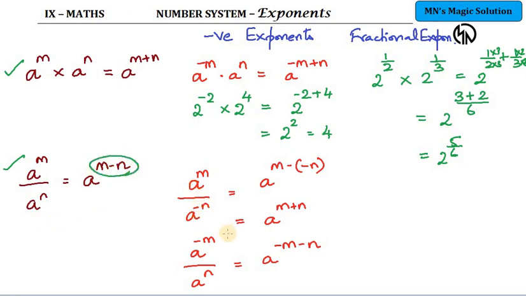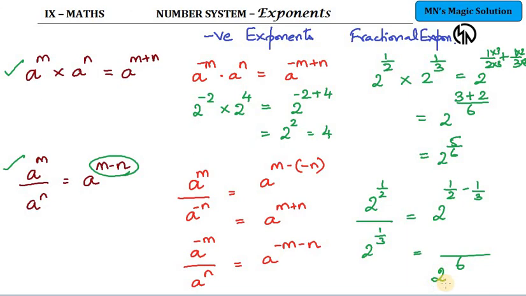So whether it's a negative exponent or a fractional exponent, we have to subtract the powers. How? See, 2 power 1 by 2 divided by 2 power 1 by 3. So how should you proceed? It's a division. So 2 power 1 by 2 minus 1 by 3 we should do. So over here the LCM is again how much? It is 2 and 3, so the LCM becomes 6.